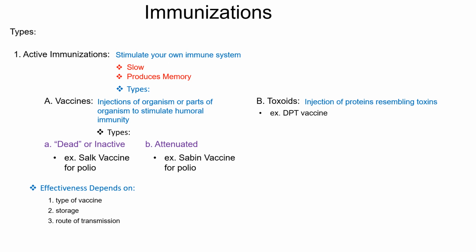And now, since it resembles these other two, which are life-threatening, when we put it into you, your immune system can produce antibodies to neutralize these toxins before they can affect you. The only problem is because this isn't the real toxin, our immune system sometimes tends to forget what it looks like. So we have to remind the system by doing booster shots. That's why you have to get your DT vaccine boosted every 10 years.